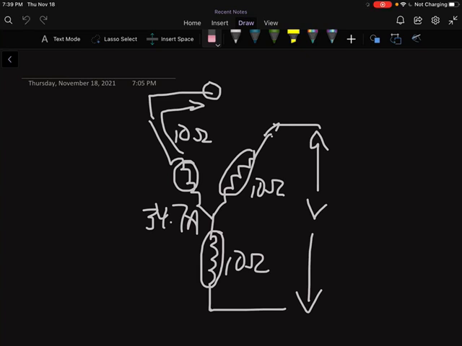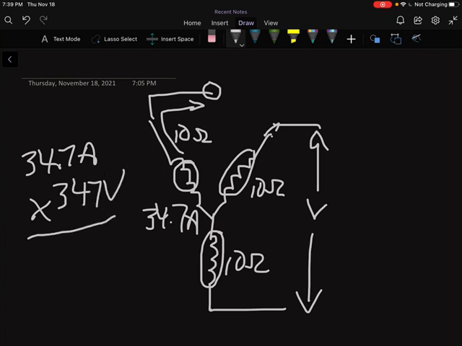So notice that if we were to calculate our power per phase, we would have 34.7 amps times 347 volts, and volts times amps will give us our wattage.